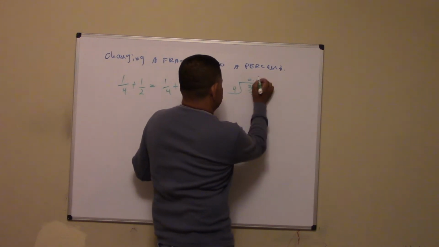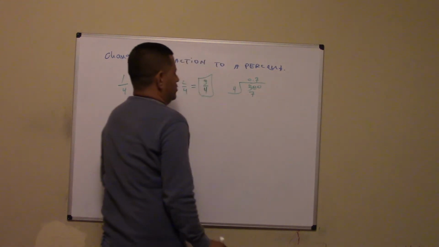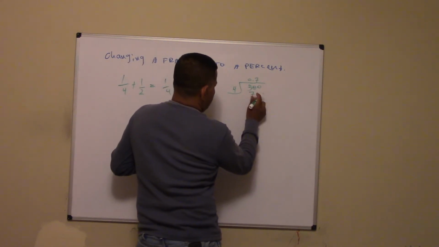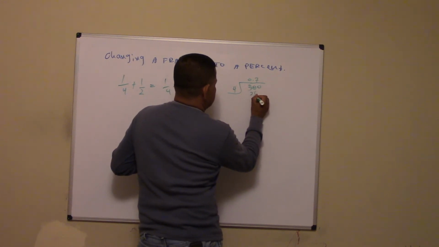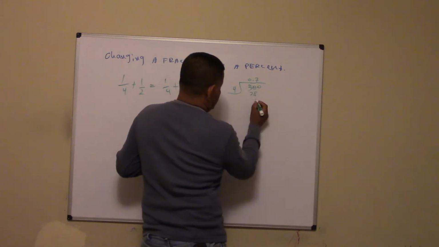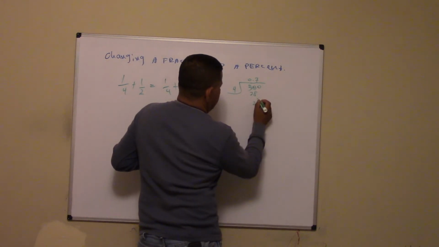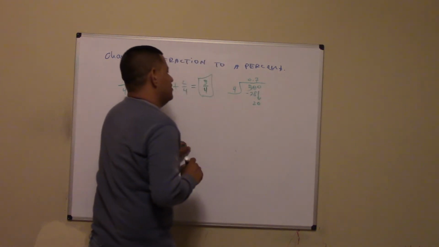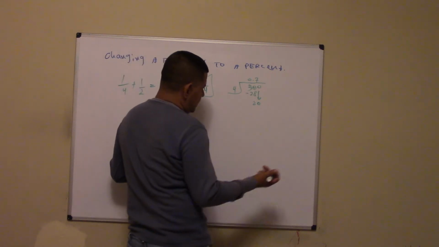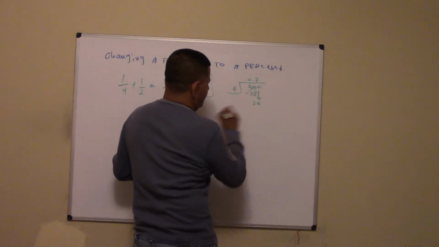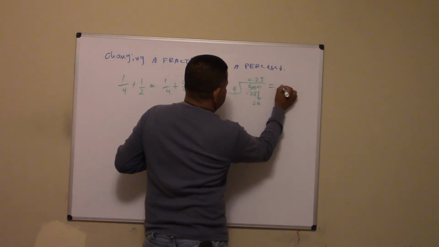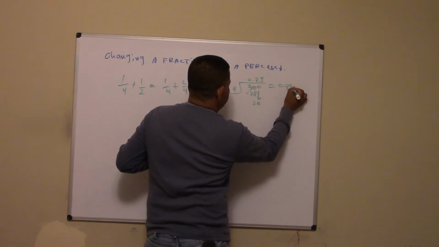Then you do the multiplication right there, and you subtract, and you get a 2, right? And you bring this 0 down. So then, how many times does 4 go into 20? It goes 5 times, which is equal to 0.75, right?